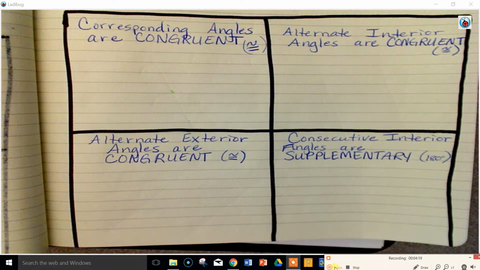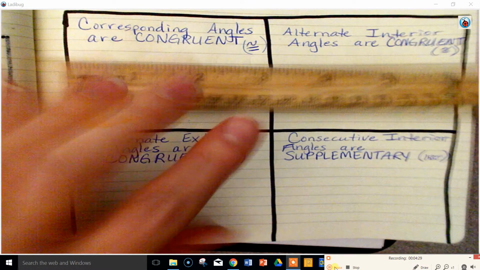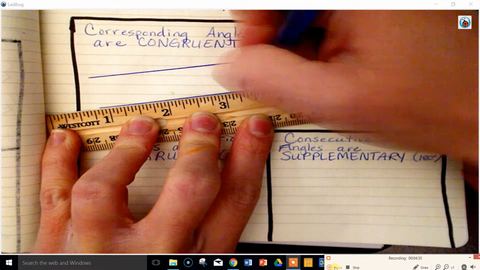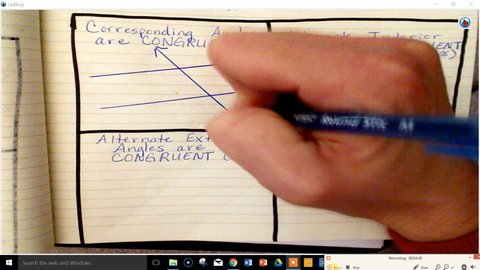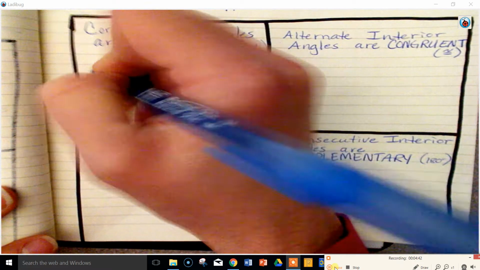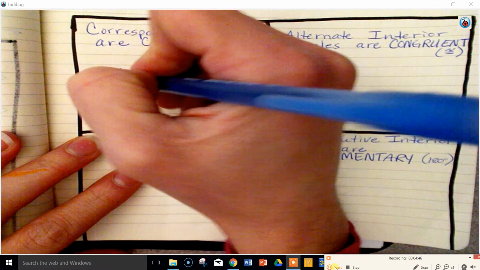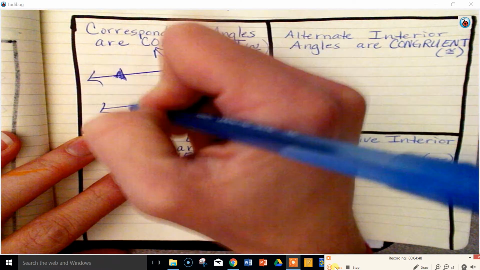Okay, so we're going to draw sets of parallel lines cut by transversals, and I'm going to draw the parallel lines going in different directions because I don't want you to think they always have to be horizontal. They don't. So I could give you parallel lines that are a little slanted like this, cut by a transversal, and I show that they are parallel with those shaded in arrow markings.